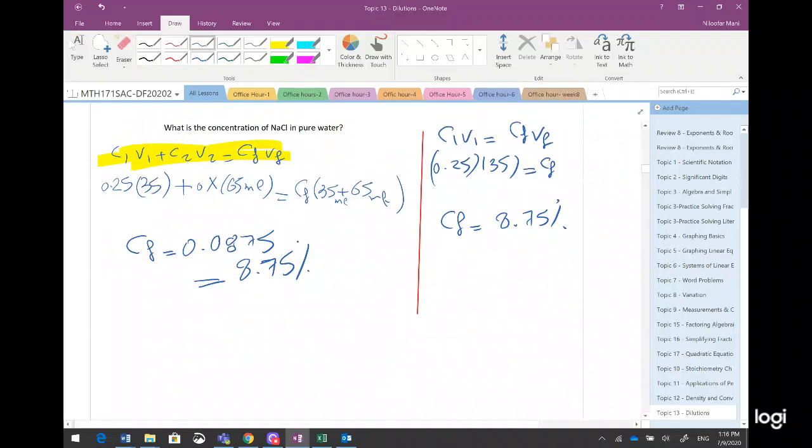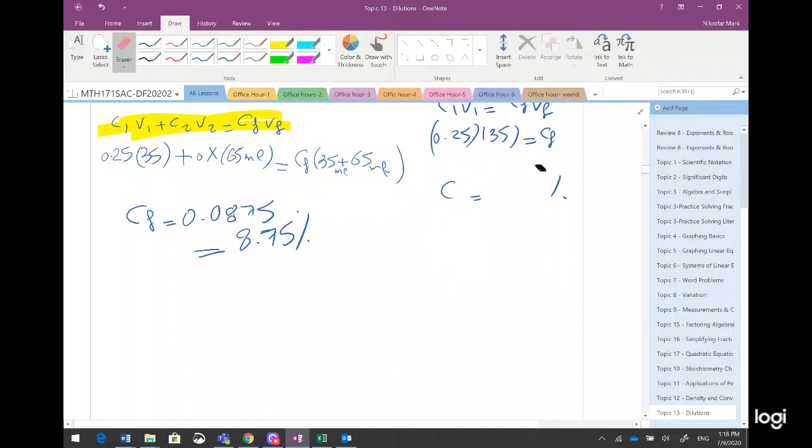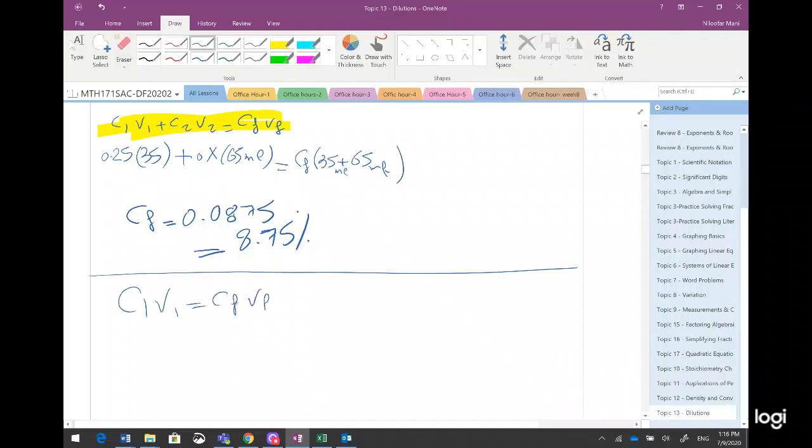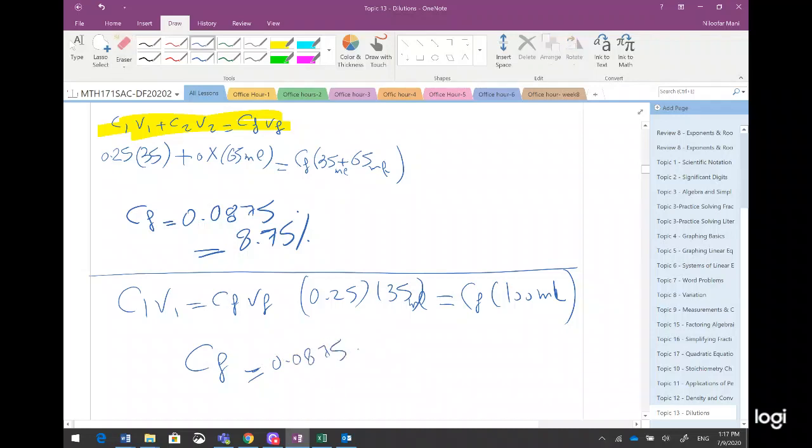So I can do C1 V1 equals C final V final, and C1 is 0.25 multiplied by 35 equals CF multiplied by 100 milliliter. So CF is 0.0875, which is 8.75%.